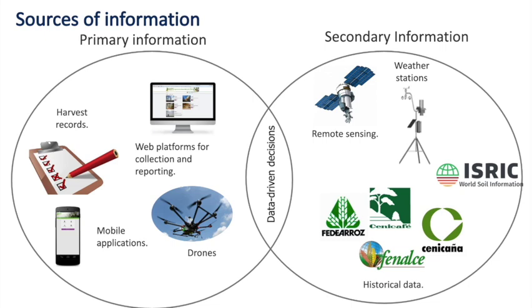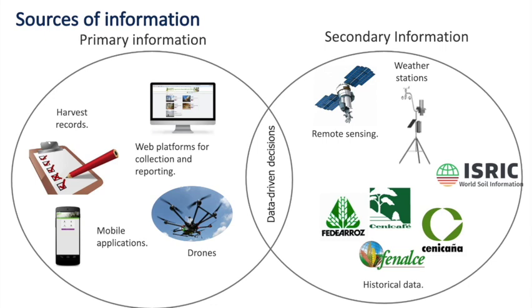It's the one that we would like to use the least, but it's the one that's mostly used. This is when the technician or the producer goes and they have harvest records, and they store all that information on a piece of paper. And this information has a big challenge, which is trying to translate this into a digital format that can be analyzed.